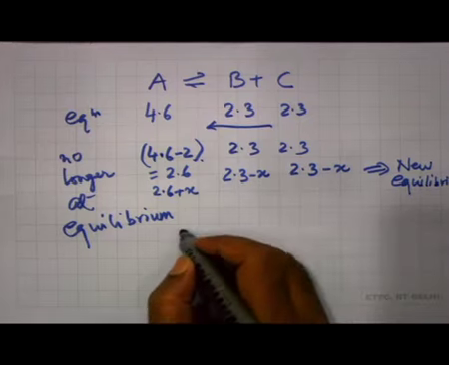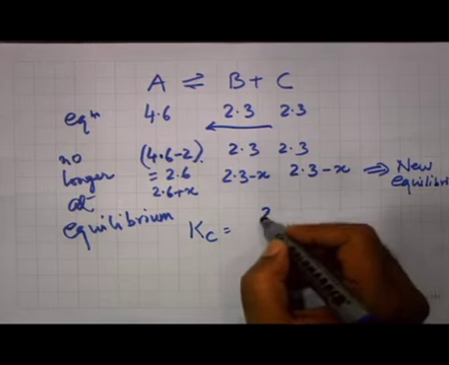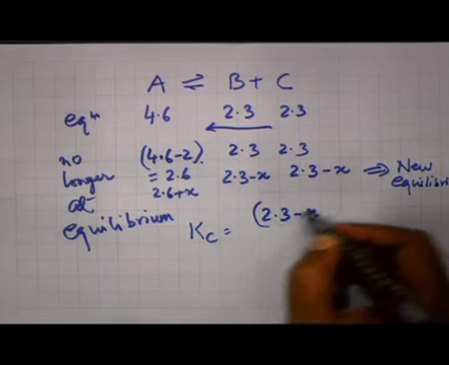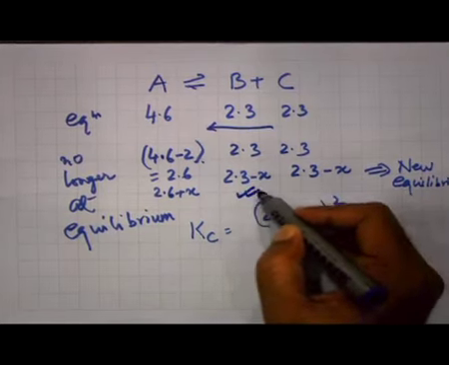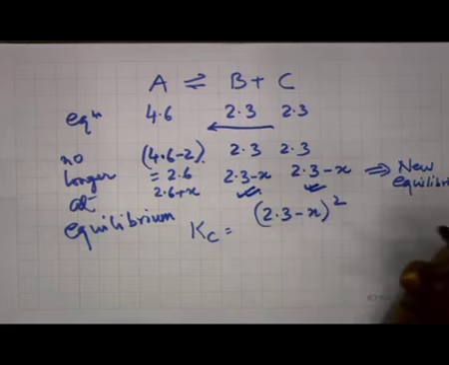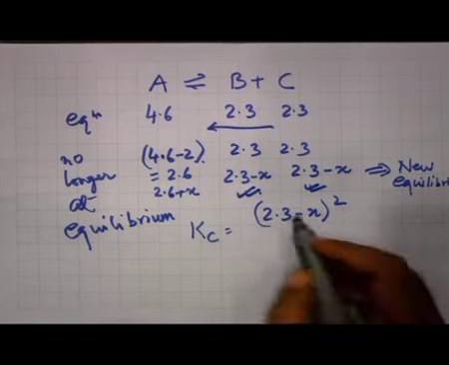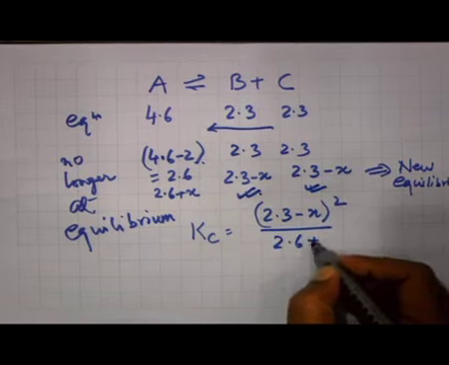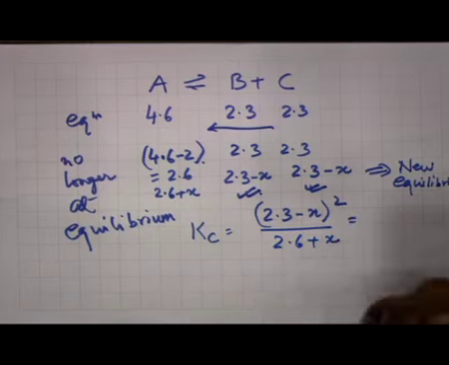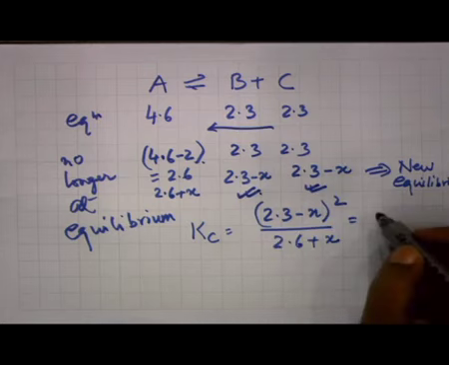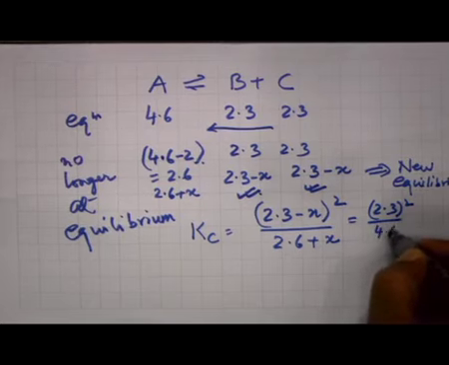So, Kc is equal to 2.3 minus x whole square divided by 2.6 plus x, because you are multiplying the concentration of B with the concentration of C, and this you have already calculated, that was 2.3 square divided by 4.6.